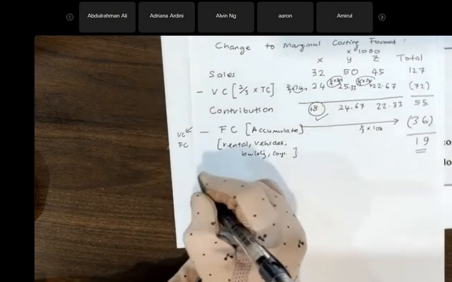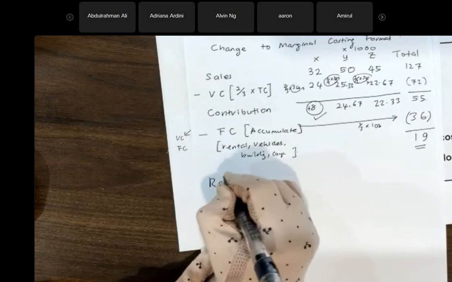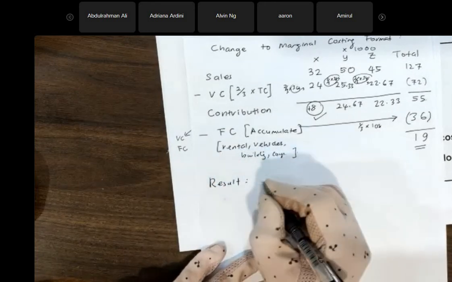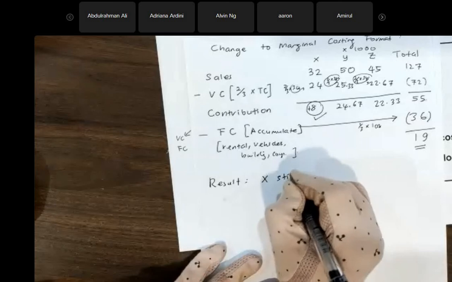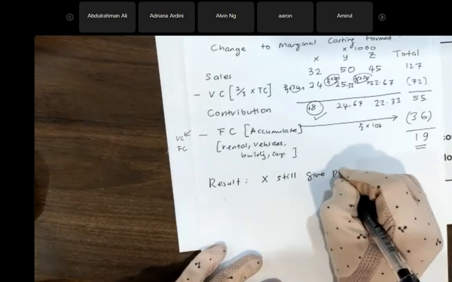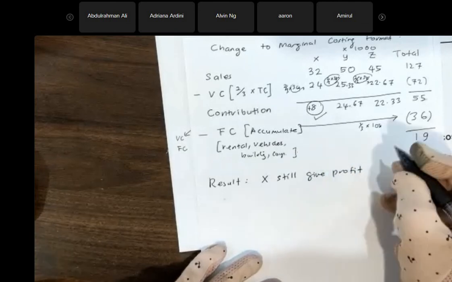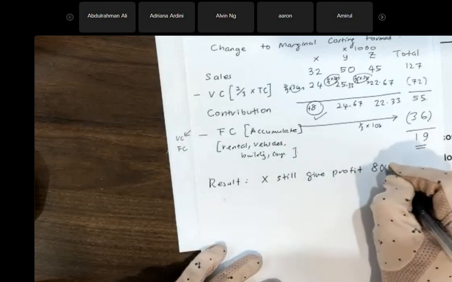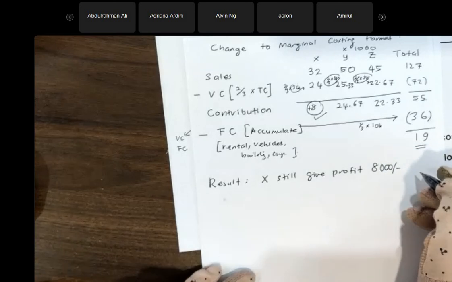Okay, so the result, X still give profit. How many? 8,000 ringgit.